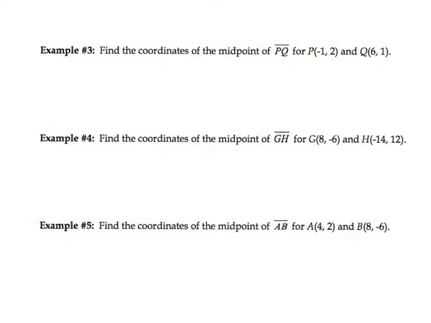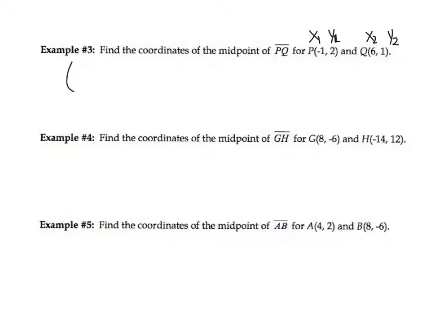So when we take a look at example 3, we want to find the coordinates of the midpoint of PQ for point P at -1, 2 and Q at 6, 1. When we find our midpoint, I'm going to label my points x1, y1 and x2, y2.